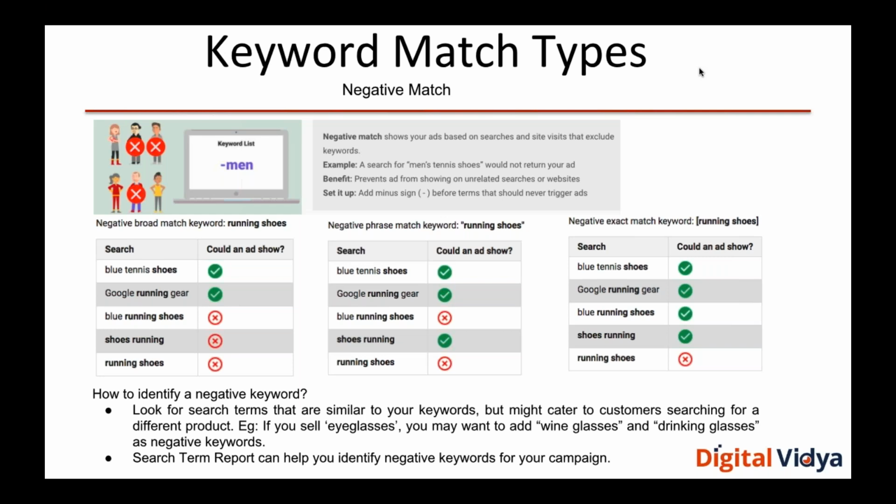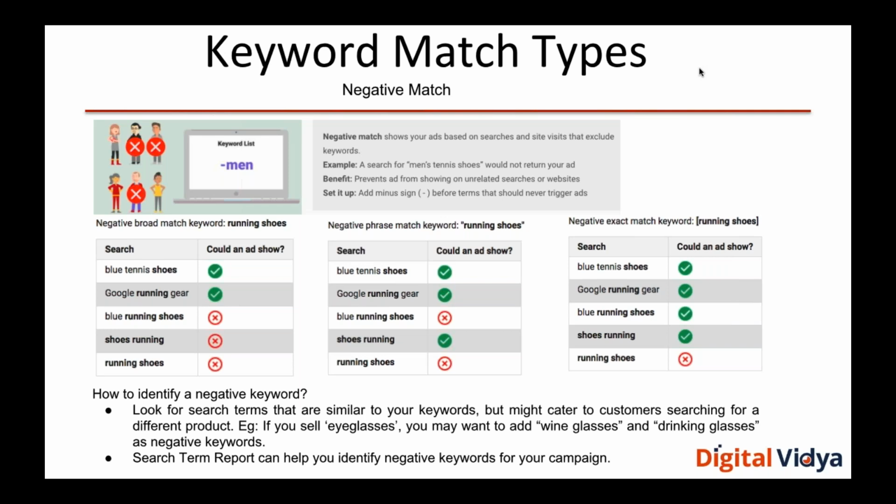The other way is, yesterday towards the end of the class, I showed you there is a tab under keywords called search terms. If you go to that tab, you can create a report called the search term report, which is basically a report of what were the exact terms people searched for when the ads in my ad group got triggered.